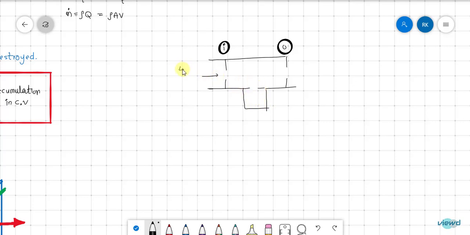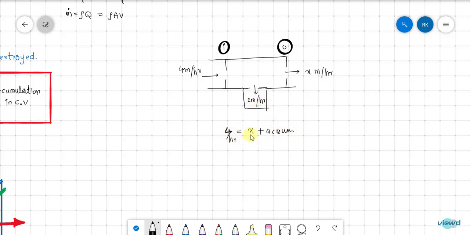So 4 members are entering through this inlet per hour, and some X members are leaving per hour, and 2 members are entering into this room in between those 2 gates, per hour. So how many members are leaving through the outlet gate? In order to find this by a simple law, inlet is equal to outlet plus accumulation, the members accumulating in that room.